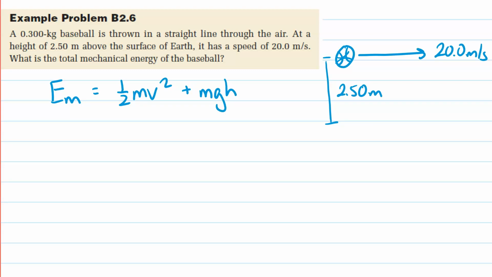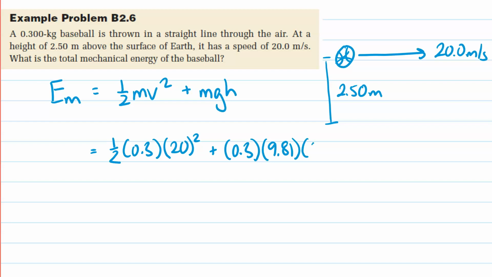I think we have enough information to fill in this equation. 1/2, the mass is 0.3 kilograms. The speed is 20 meters per second, that will square. mgh, mass is 0.3 kilograms. g, since we're on Earth, is 9.81 meters per second squared, and the height is given to us as 2.5 meters.